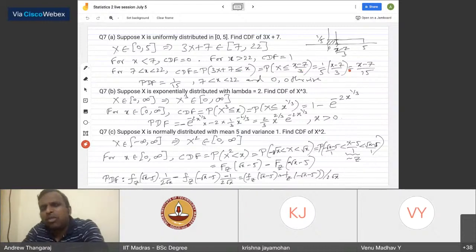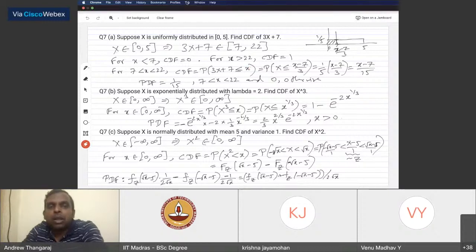You can find the range in multiple ways. I'm just using a straightforward calculation to get 7 comma 22. The PDF you get by derivative. So the trick remains exactly similar to before. There's nothing very different, except that you have to deal with this small x instead of some number.